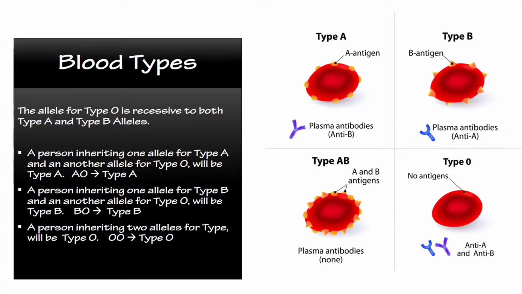The allele for type O is recessive to both type A and type B alleles.